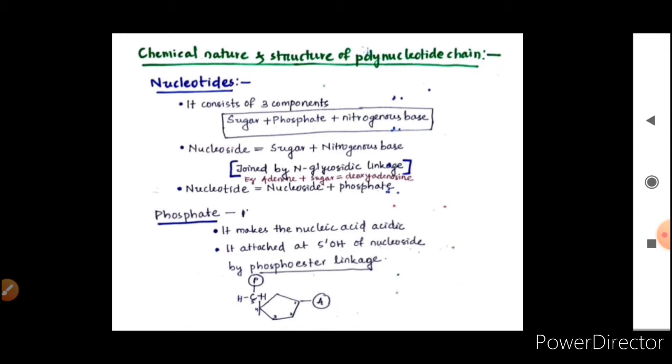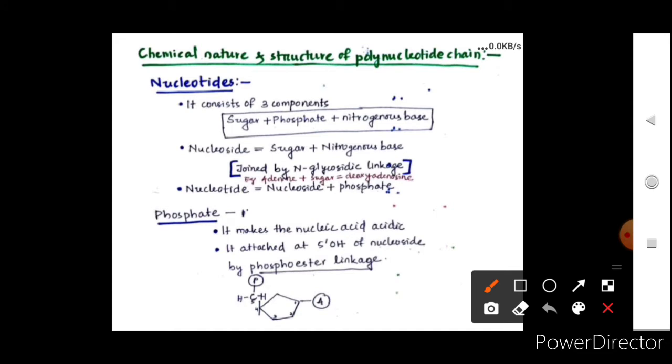When a phosphate group is added to this structure, it is a nucleotide, and without the phosphate group the compound formed is called a nucleoside. So a nucleotide is nucleoside plus phosphate.